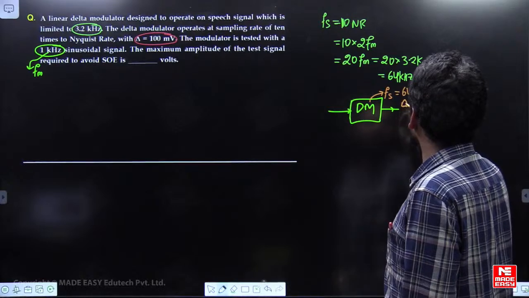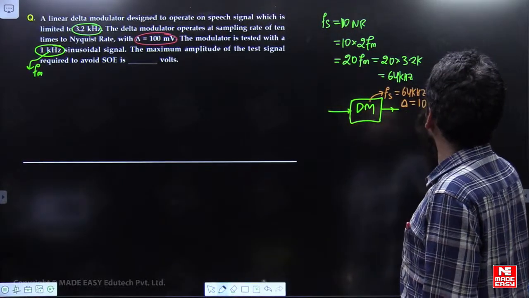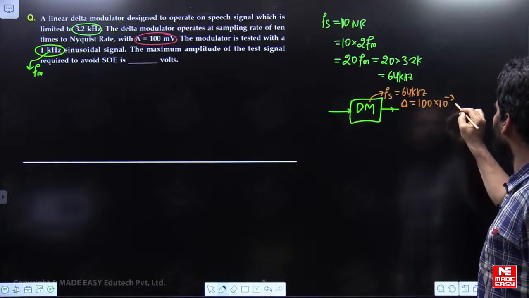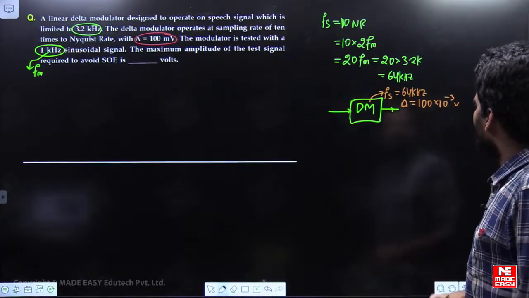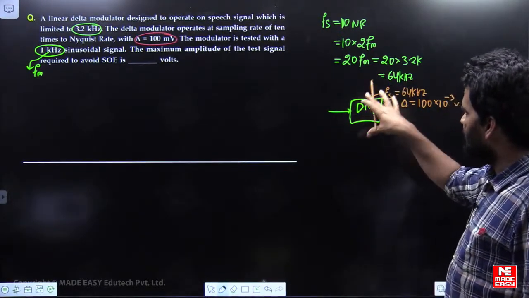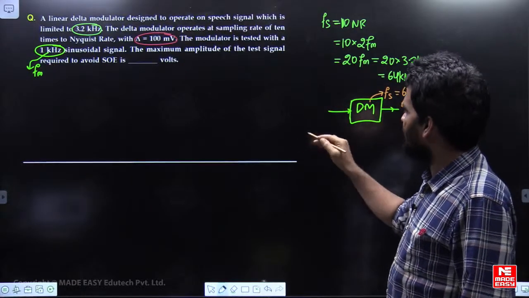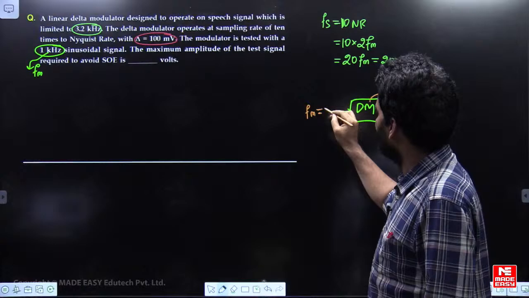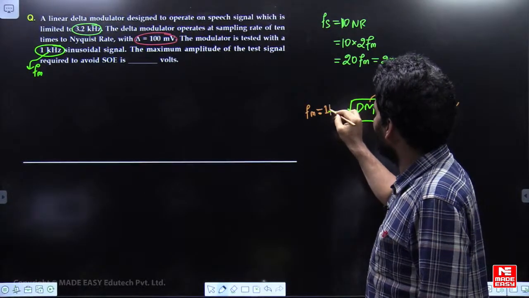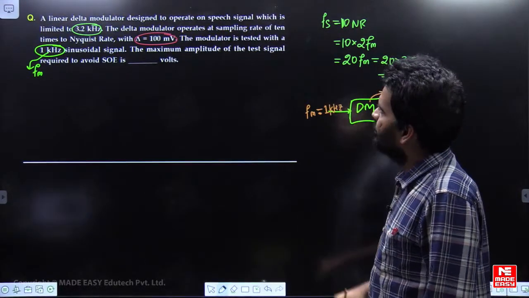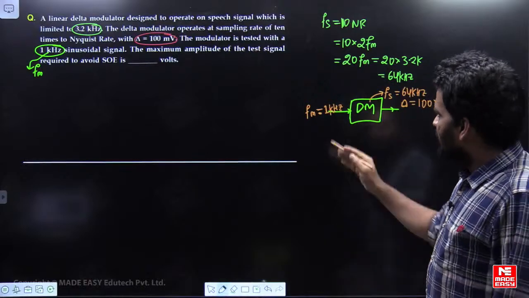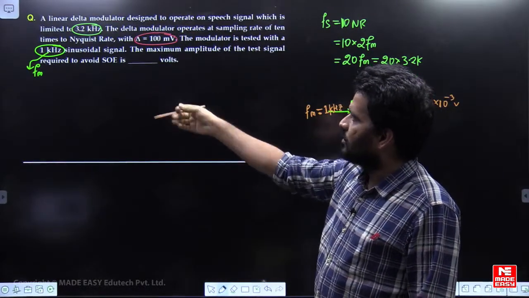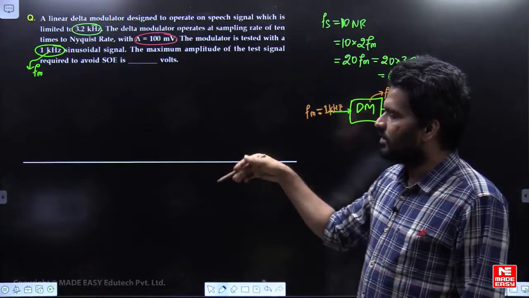The delta maintained is 100 millivolts, so 100 into 10 power minus 3 volts. Now this delta modulator which is already designed is tested with some other input signal. The frequency of the applied input signal is 1 kilohertz, a 1 kilohertz sinusoidal signal. The maximum amplitude of the test signal required to avoid SOE is dash volts.